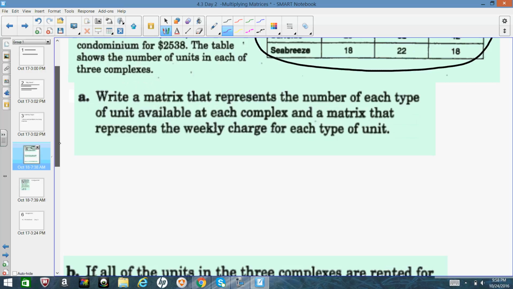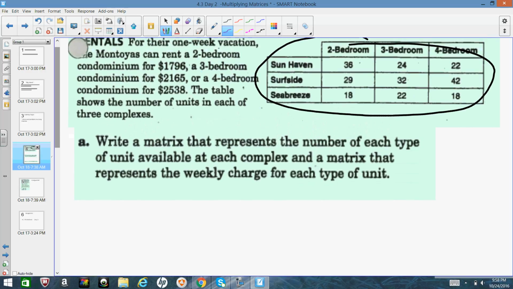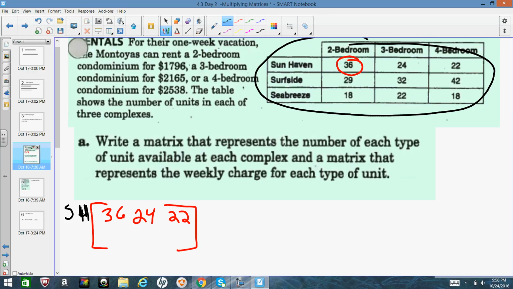So if I scroll down a little bit, I'm basically going to write this matrix as is. So I know it's going to be a 3x3. So 2-bedroom Sunhaven would be 36. Then I would have my 3-bedroom, which would be a 24. My 4-bedroom, which would be a 22. Again, these all correspond to the Sunhaven. So I'm going to put SH over here for Sunhaven.